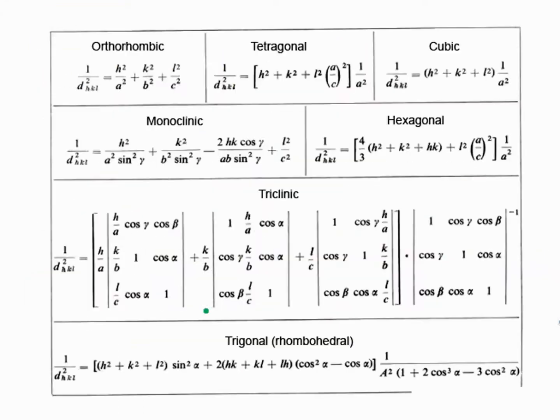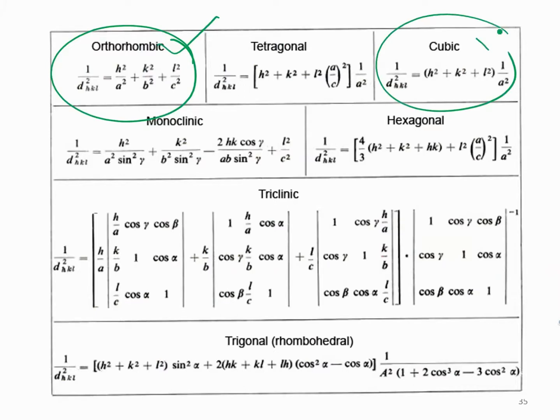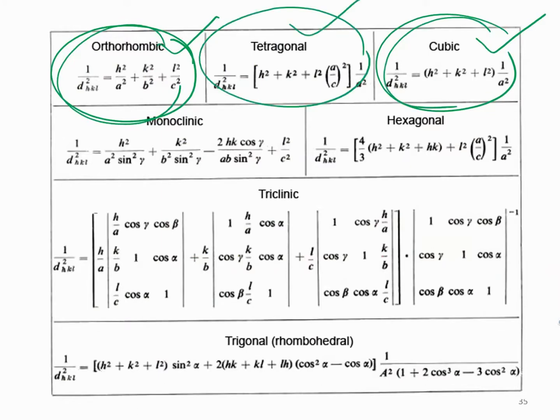However, if it's not simple cubic, like the orthorhombic, it is still okay because the angle is still 90 degrees, so not that difficult. Orthorhombic, tetragonal, and cubic all involve 90 degree angles, so it's still easy.